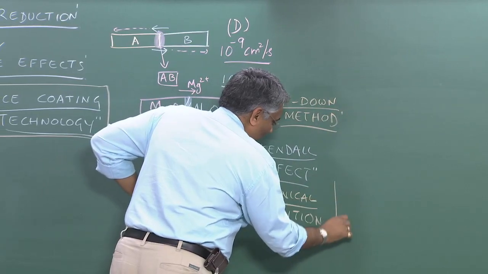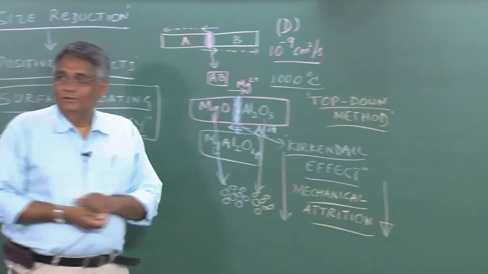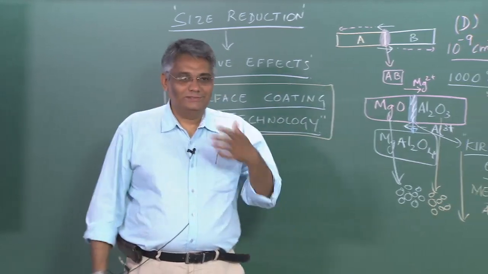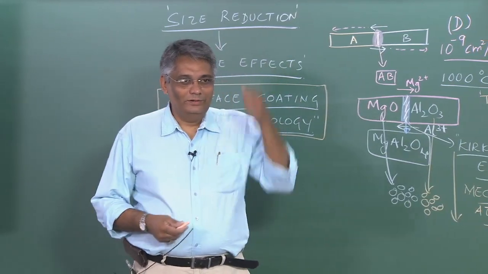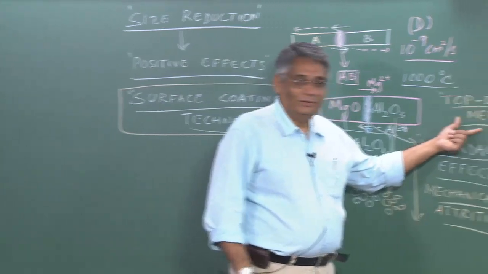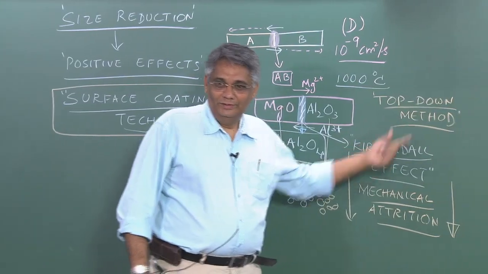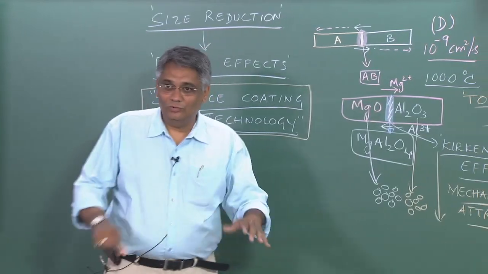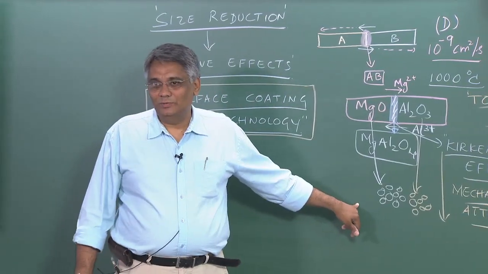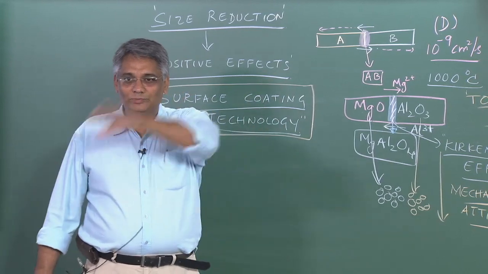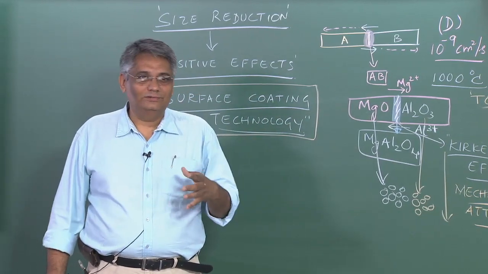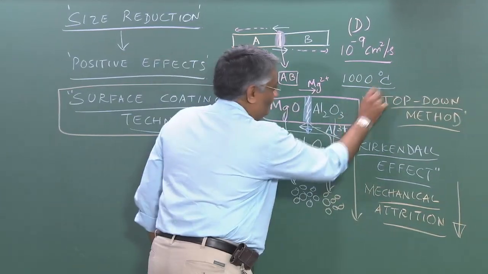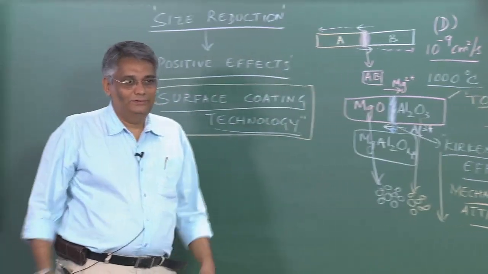Mechanical attrition is a crude way of preparing nanoparticles, but it's a very effective way. We can use high pressure force and then pulverize a solid body into smaller particles. Then you don't have control over the particle size and shape. You get a distribution of particles with different sizes. But typically mechanical attrition is the top-down method.